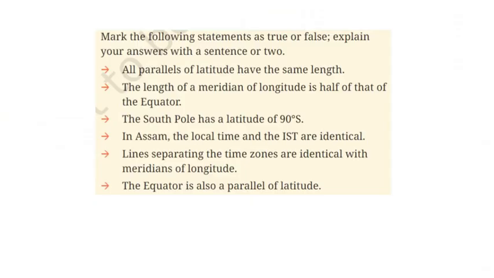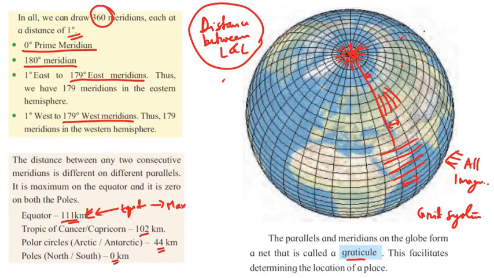Okay, now let us consider these following question answers. First is, the parallels of latitude have the same length. What do you think? See here, I have already discussed the parallels of latitude. Say for example, this parallel over here and this over here. Do you think they have the same length?